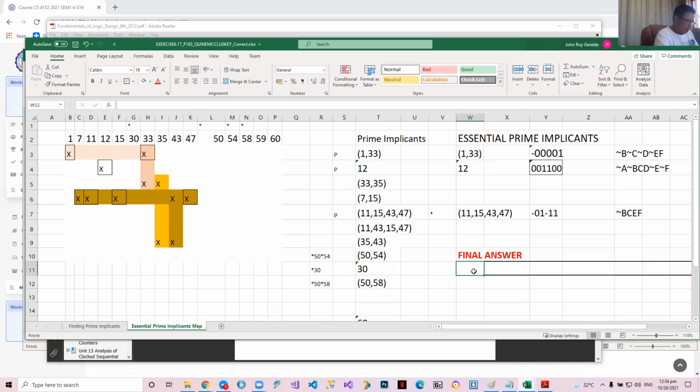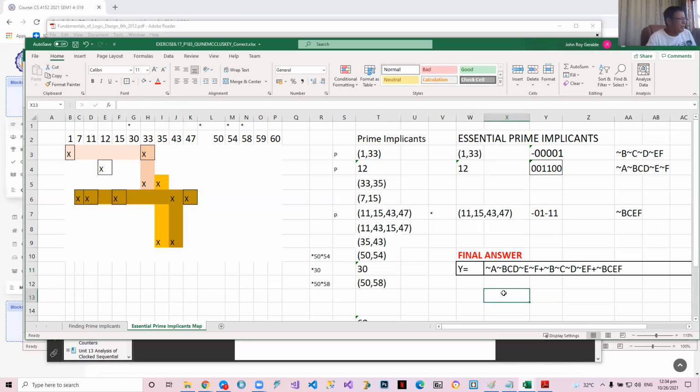So Y false. Okay. Not A, not B, C, D, not E, not F, plus not B, not C, not D, not E, F, plus the last one, which is not B, C, E, F. Okay, we make this 18. I'll review this, okay, next meeting.